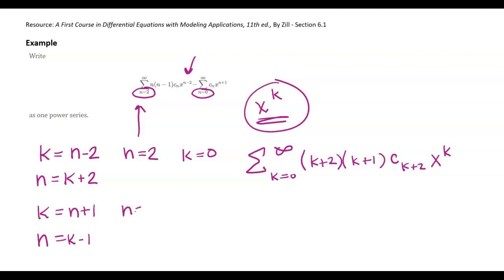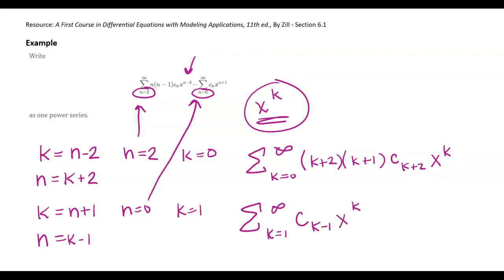And when n equals 0 in my start, K is equal to 1. So I'm going to start from K equals 1 to infinity, C to the K minus 1, x to the K. So that's the first goal.